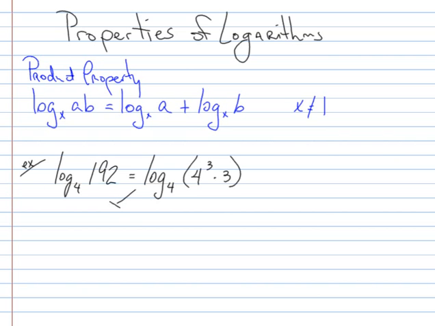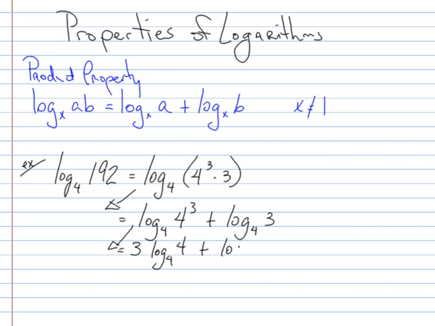I can then use my product property up here and say this is going to be the log base 4 of 4 to the third power plus log base 4 of 3. I can then rewrite using the power property. It says 3 log base 4 of 4 plus the log base 4 of 3.